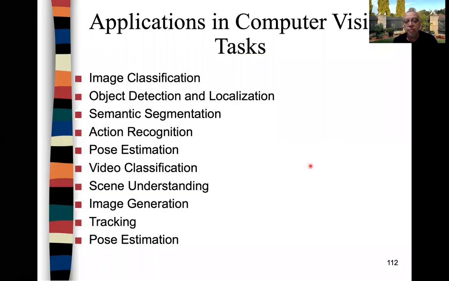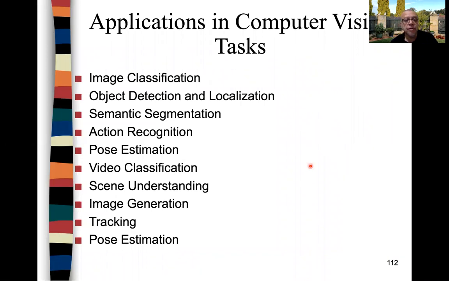Now let's look at some applications of CNN in computer vision. It has been used widely in a number of applications. For example, image classification, object detection and localization, semantic segmentation, where you assign a label to each pixel in the image, action recognition, whether a person is raising their hands, or pose estimation.